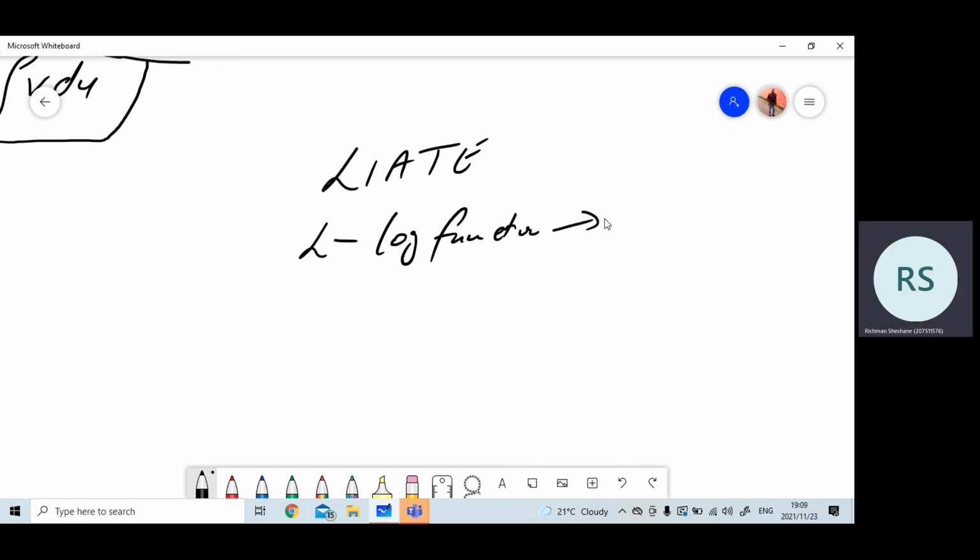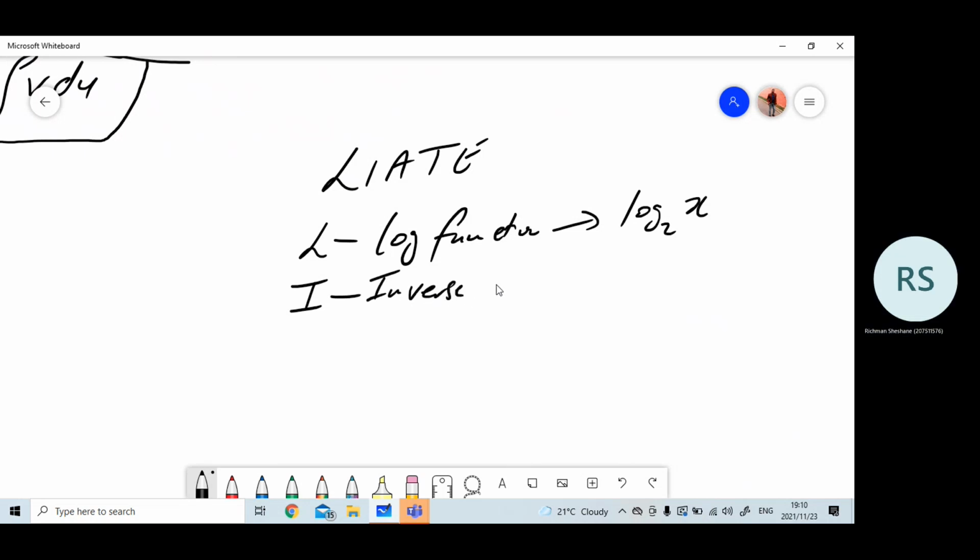For example, log of base 2 of x. This is a log function. And then we have I. I stands for inverse functions.